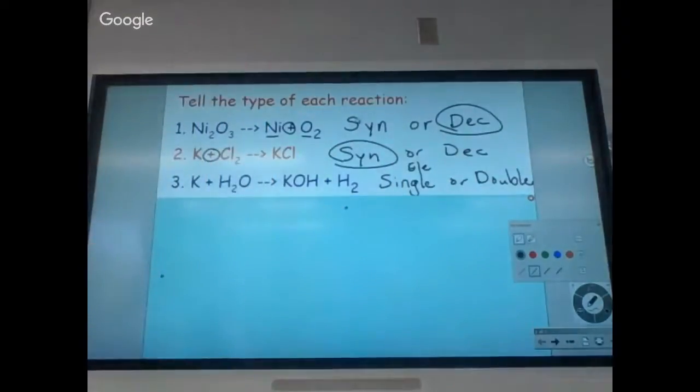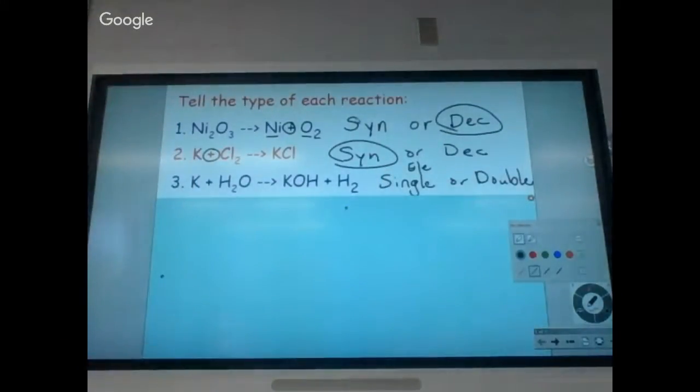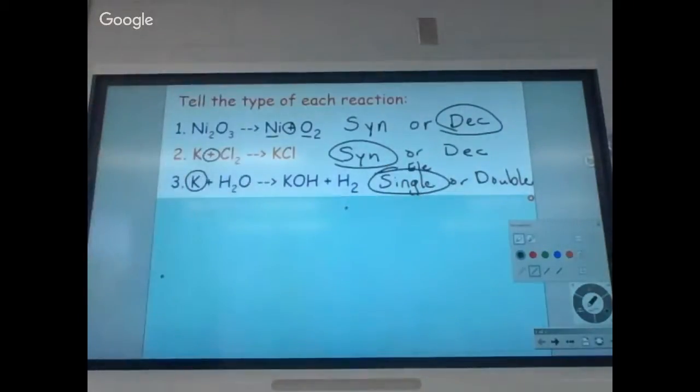If you have all compounds, it's double. So you're looking to see, do you have a single capital letter by itself? If you have a single capital letter by itself, it makes it single. If you don't, then it's double. So when you look here, is this a single letter by itself? As soon as you nod yes at me, that tells you it's single displacement.